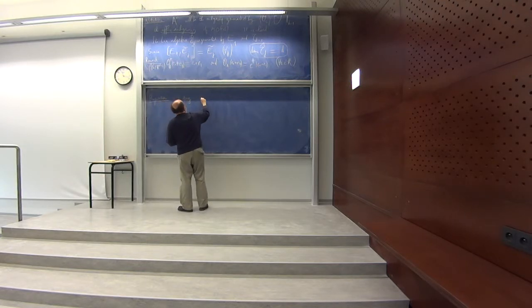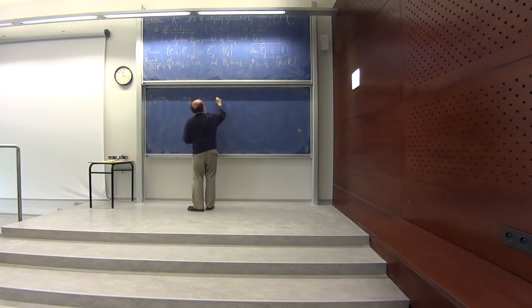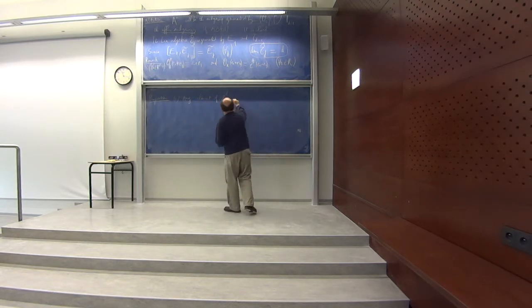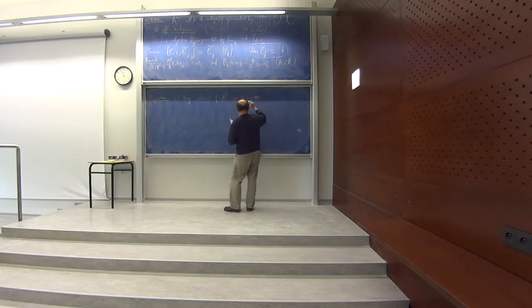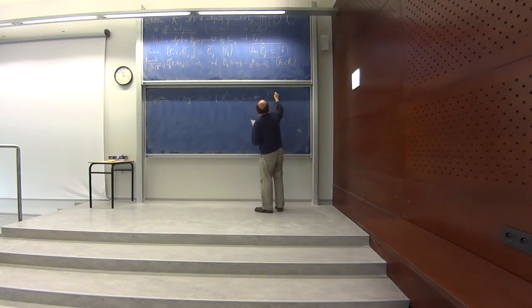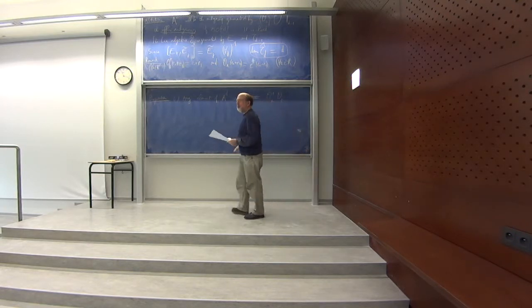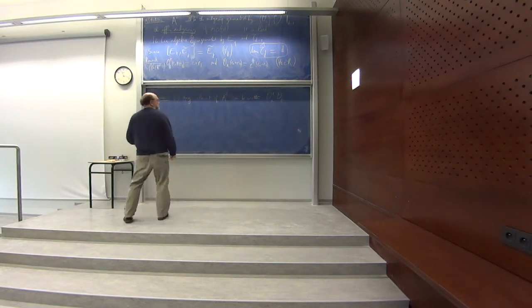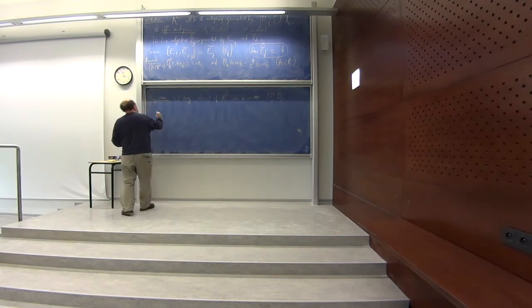Any element of this affine group can be written as theta plus x theta t, a product of two of these elements, in a unique way.